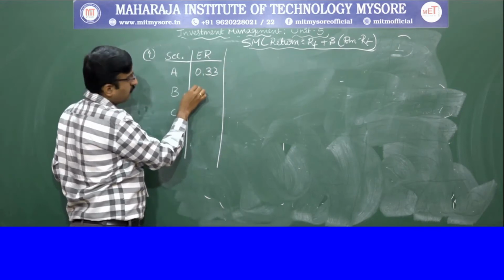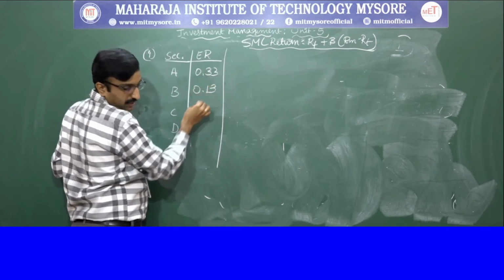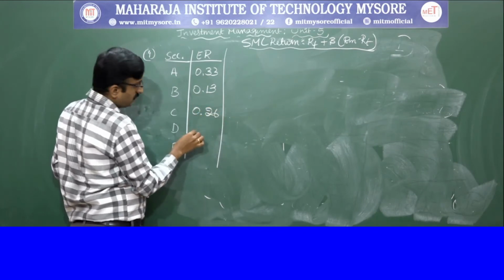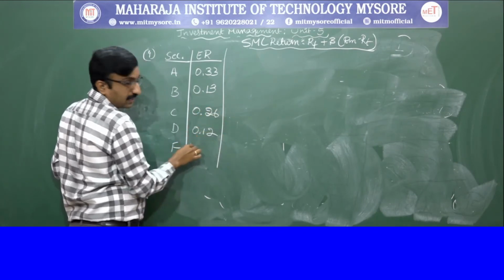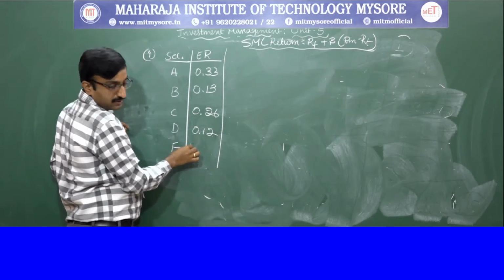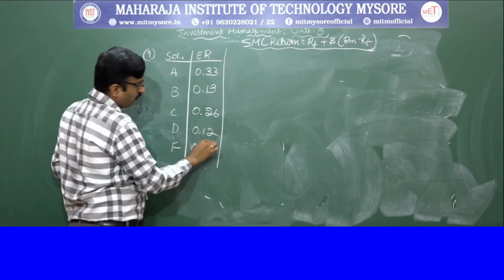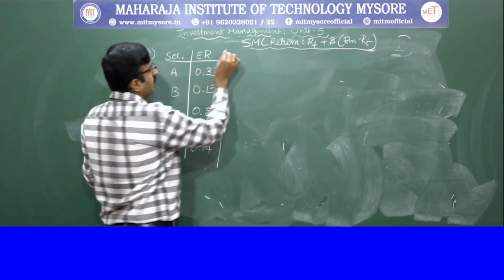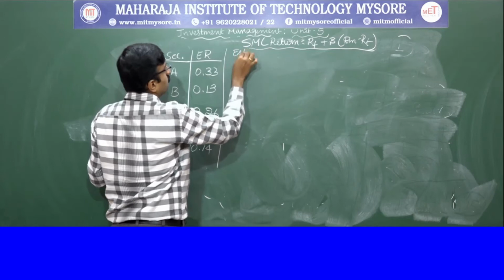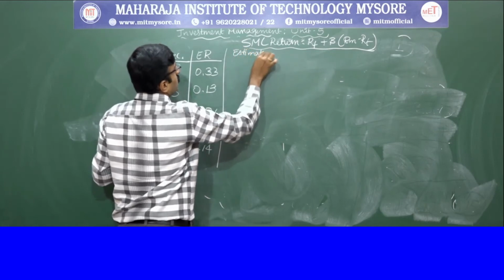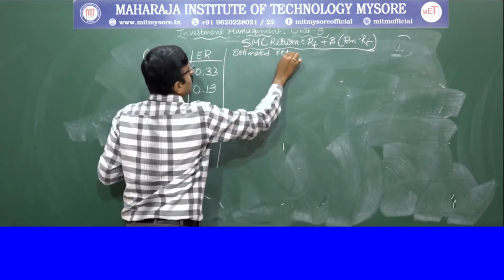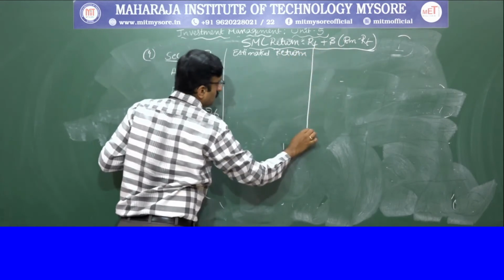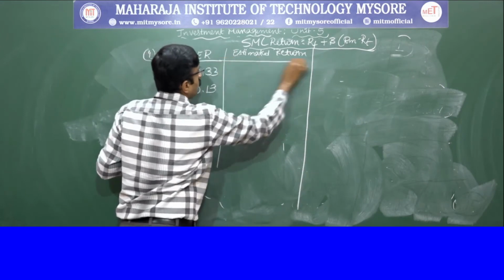Next we have 0.13, then 0.26, then 0.12, then 0.21, and lastly 0.14. Then find out the estimated return by applying this formula.